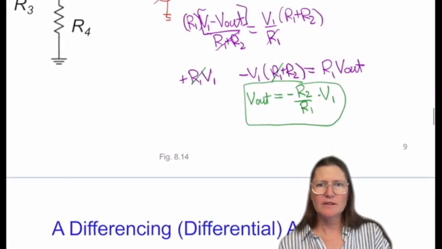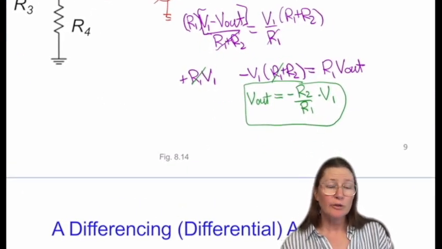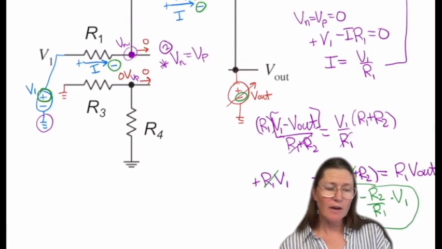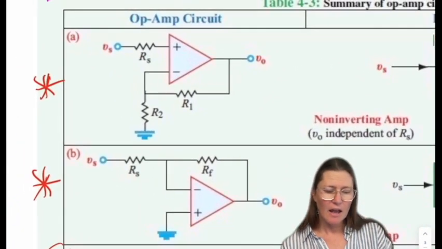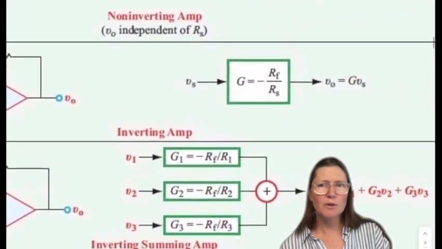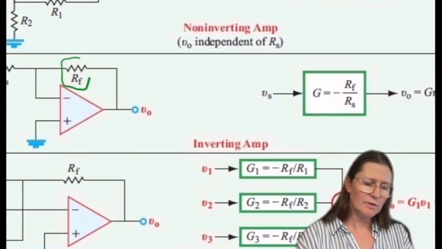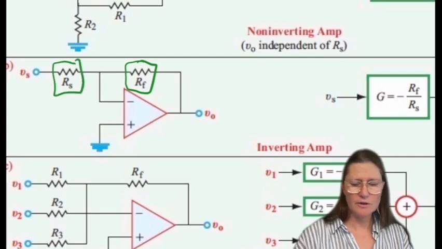Does that make sense on the steps that I took here? Okay, so this is when I have an inverting amp. My plus side is grounded and my output is just minus this resistor over this resistor.